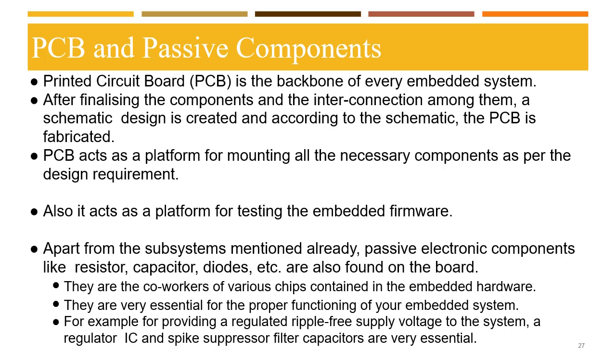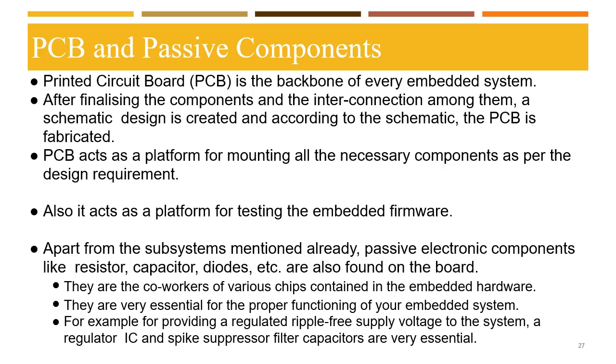Apart from the subsystems mentioned in the previous slides, passive electronic components like resistors, capacitors, diodes, etc. are also found on the board. They work as co-workers of various chips contained in the embedded hardware, and they are very essential for proper functioning of your embedded systems.